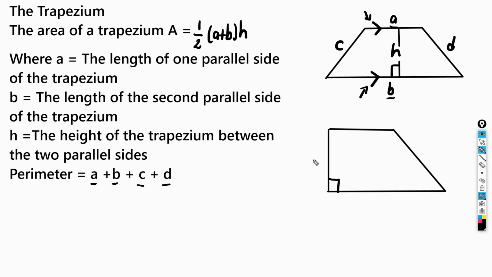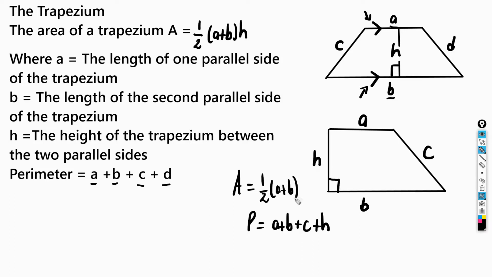So here would be H, here would be A, here would be B, and here we would call C. In this case, H is the perpendicular height, and to find the perimeter, it would be A plus B plus C plus H. And to find the area, we'd use the same formula as above: the area is equal to a half A plus B times H.